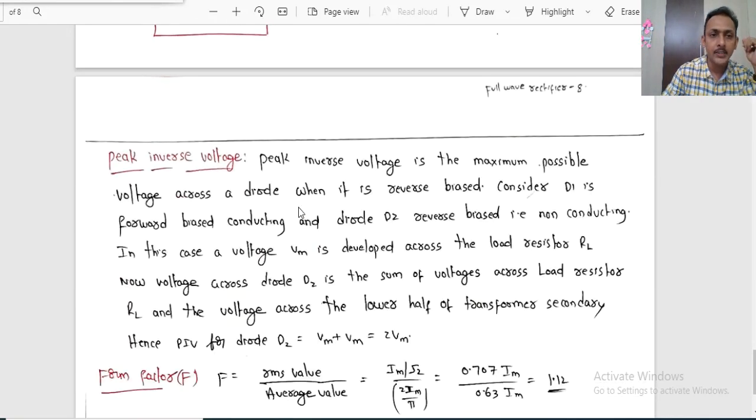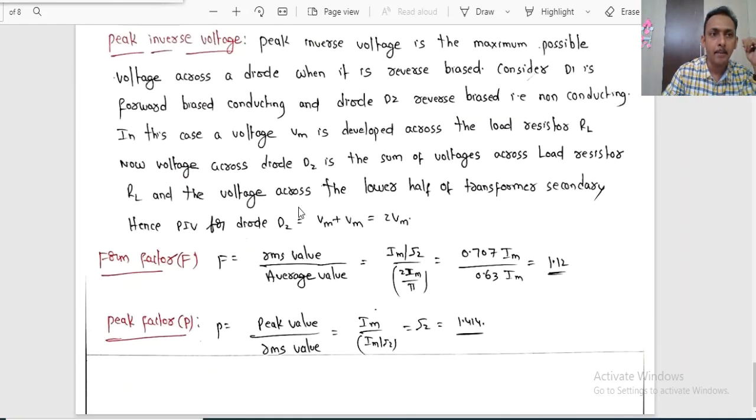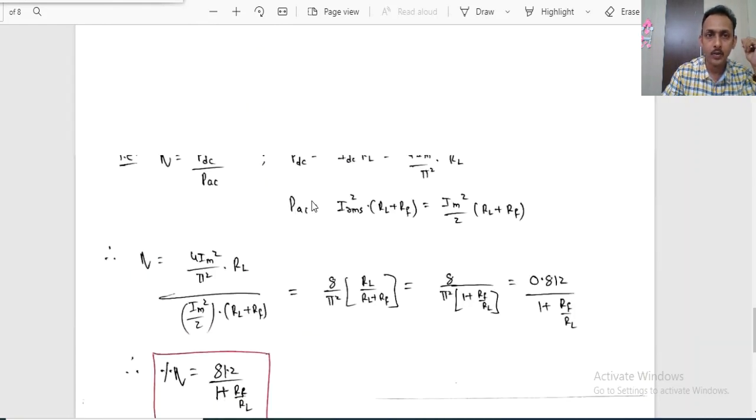And we will see the peak inverse voltage, form factor, peak factor, all those things in this video.